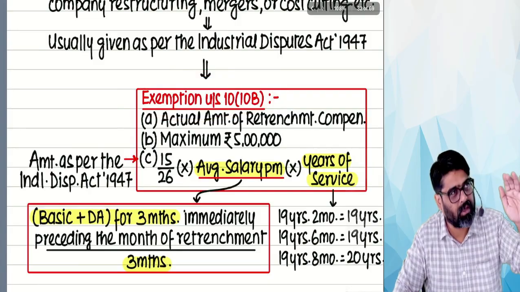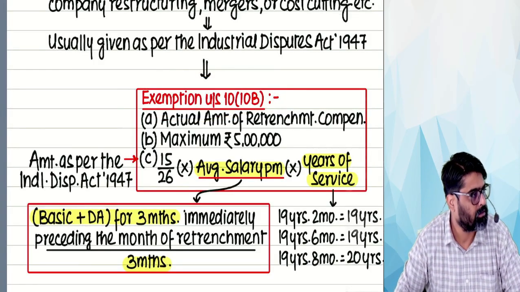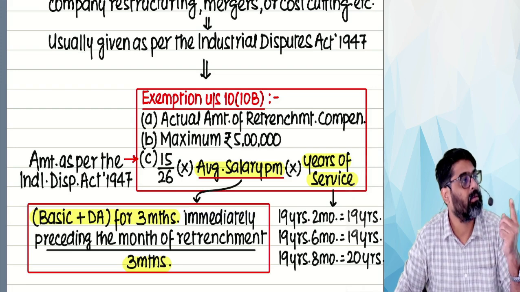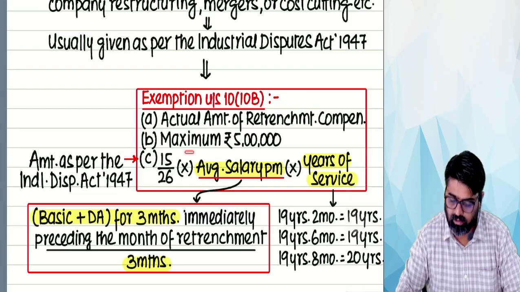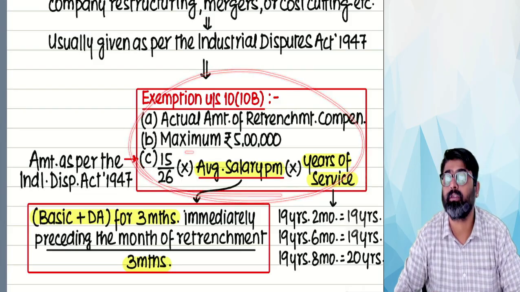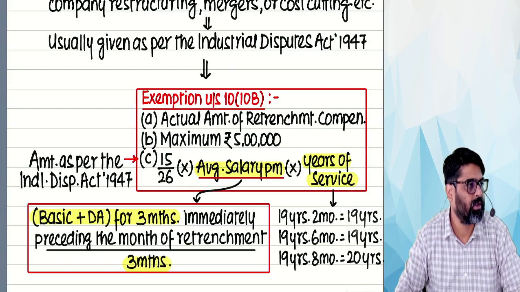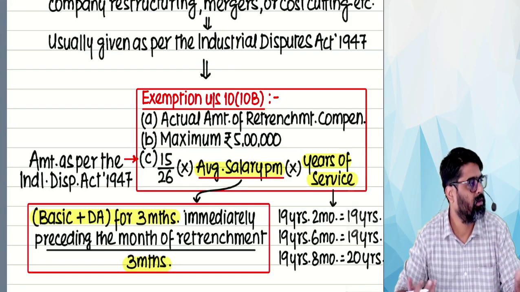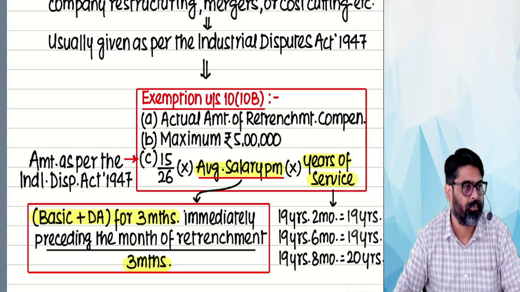Out of your retrenchment compensation, this amount will be exempt and the balance amount will be taxable. The taxable amount is as good as profit in lieu of salary. The exempt amount is not treated as profit in lieu of salary because for this you get exemption. But the taxable amount is as good as profit in lieu of salary.